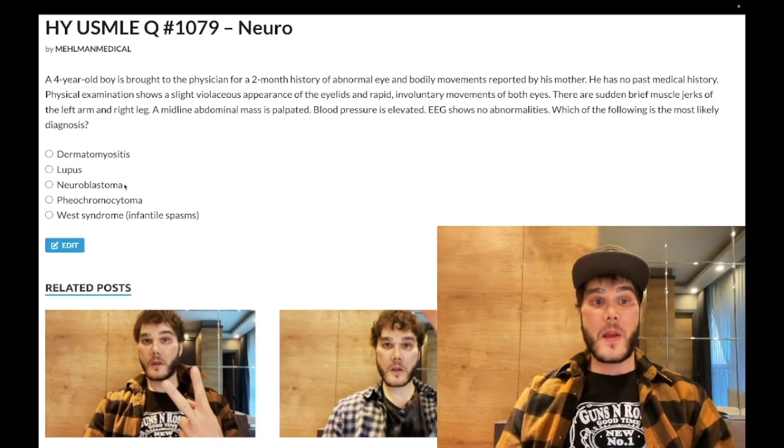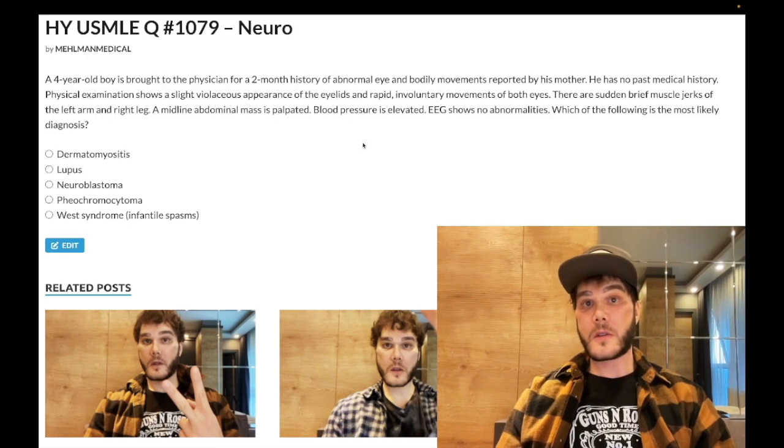Okay, so neuroblastoma, you can get what's referred to as opsoclonus myoclonus syndrome. Opsoclonus is dancing eyes. Okay, that's what we have here. And then myoclonus is rapid jerks. Just a classic finding in neuroblastoma, you get hypertension.